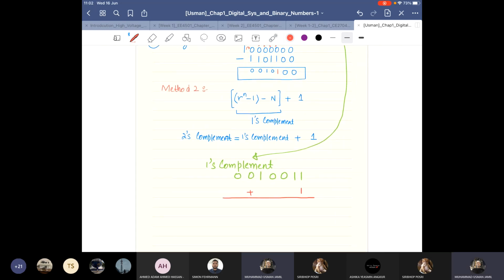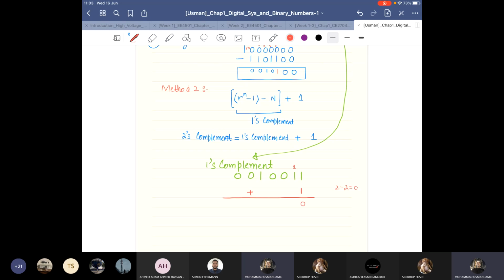So now when you add 1 plus 1, 1 plus 1 is 2. Hope you know 1 plus 1 is 2. So 2 minus 1, subtract 1 from the base, so this is 1. Then 1 carry here. Then 1 plus 1 is 2, so 2 minus the base, it is 0. So 0 here and 1 carry above.